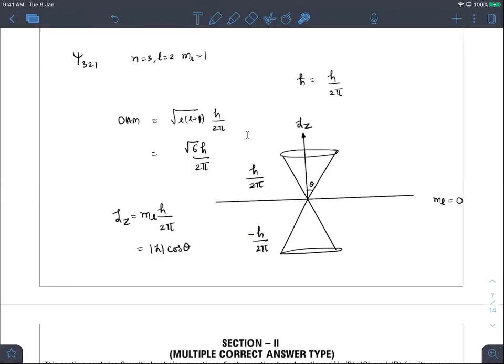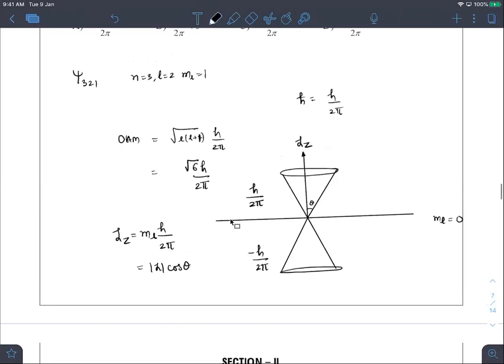Okay. Next, C. S orbital has angular independence. That is, S orbital wave function is independent of theta and phi. Is it correct? Yes, beta, it is correct, because when it comes to psi value of any S, whether it is 1s, 2s, any ns, you will get k e raised to power k dash r into a function of n minus l minus 1.